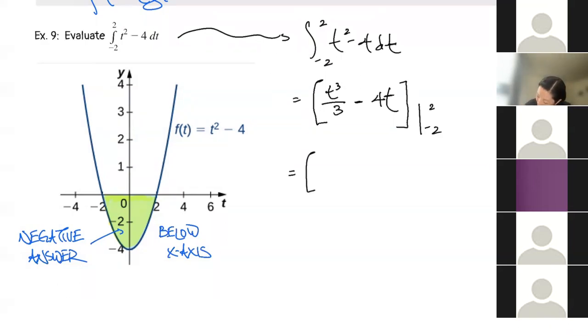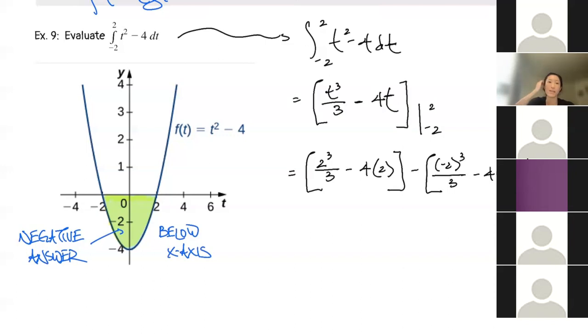There we go. So 2 cubed over 3 minus 4 times 2. That's the top bound, minus -2 cubed over 3 minus 4 times -2. All right, there is our fundamental theorem of calculus part 2. There is our definite integral. That is our net area. Okay, all that same process.